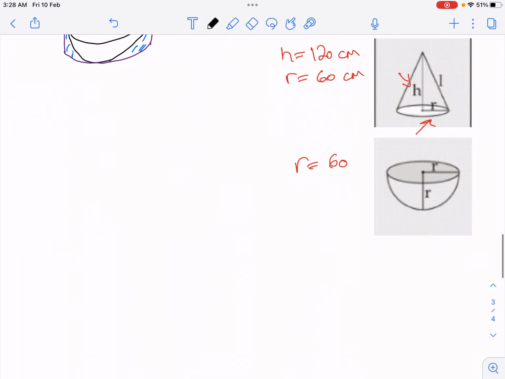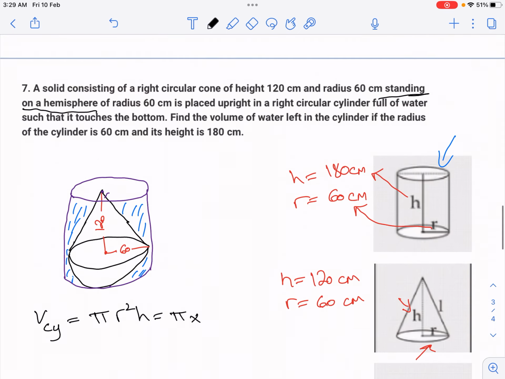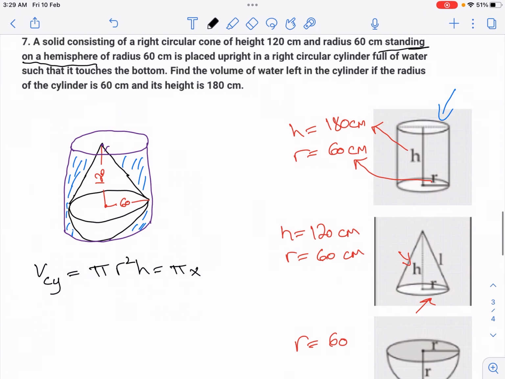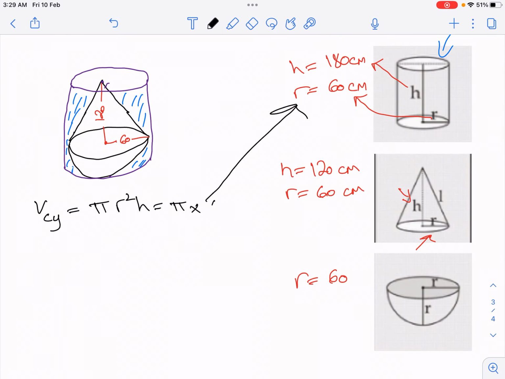So volume of cylinder is equal to pi r square h, which is equal to pi multiplied by r, the r of this cylinder, which is 60 centimeters, squared, and the height is 180.